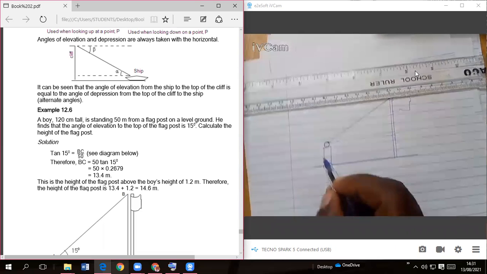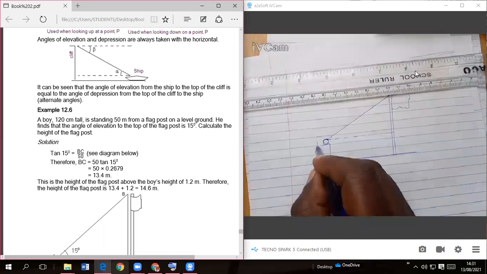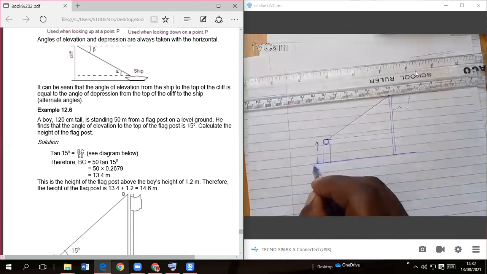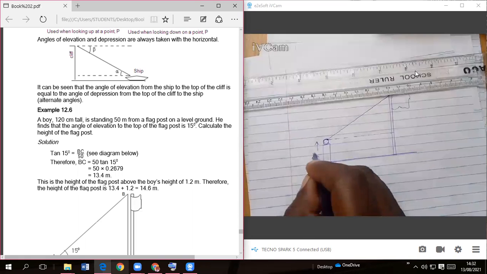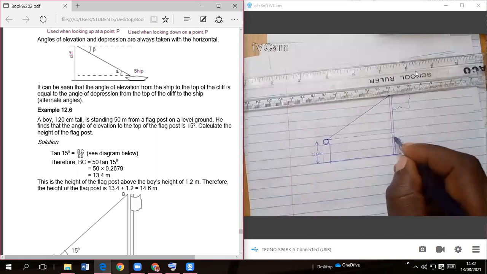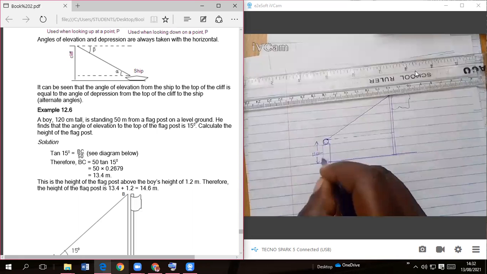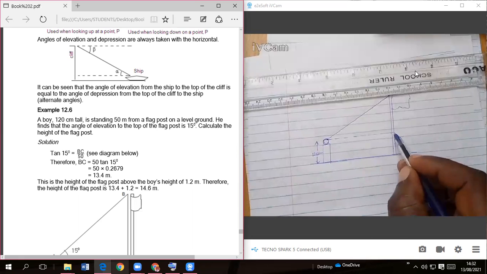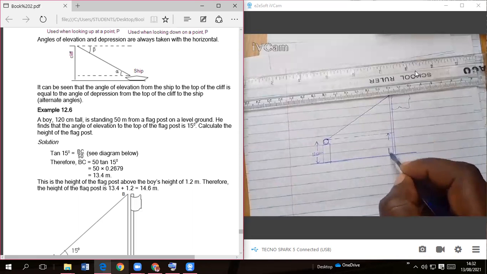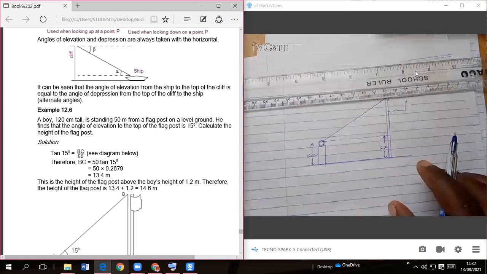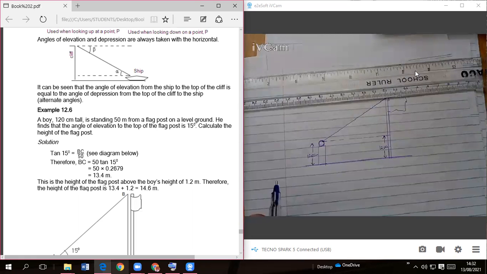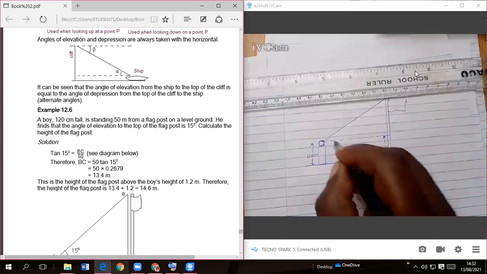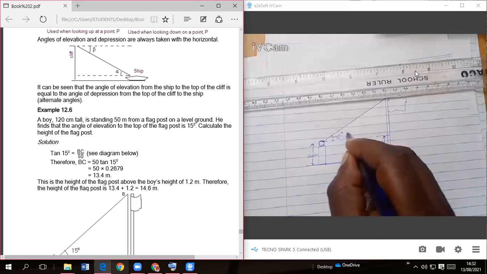They have said the boy is 120 centimeters, so if this distance is 120 centimeters, this distance from here up to here is also 120 centimeters. The angle of elevation is 15 degrees.